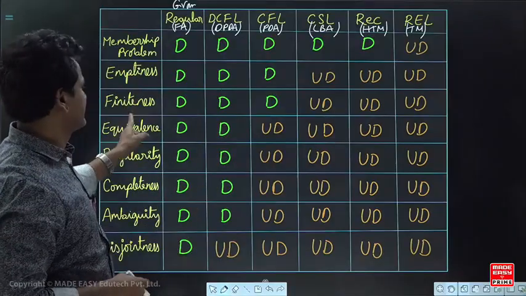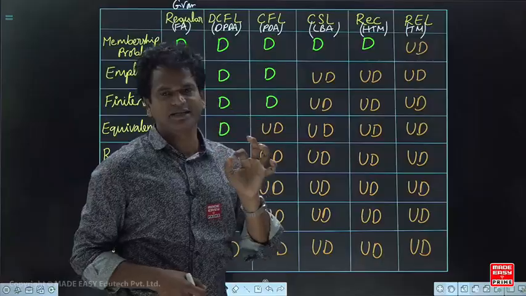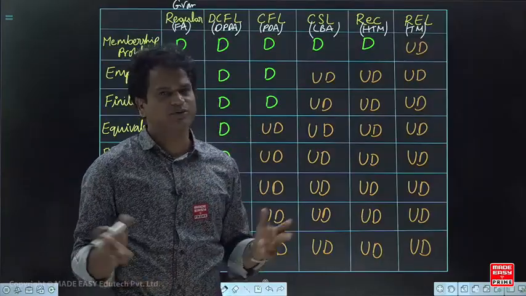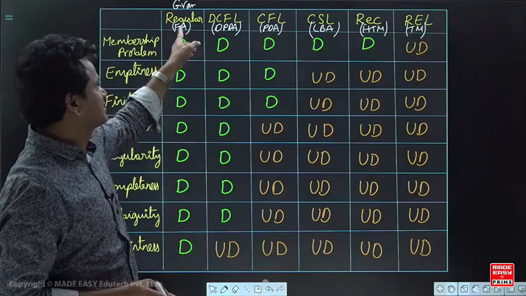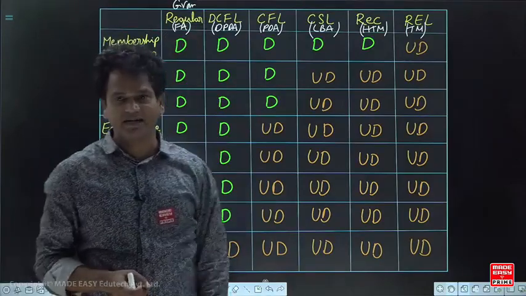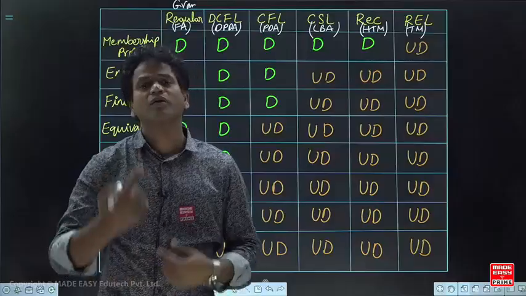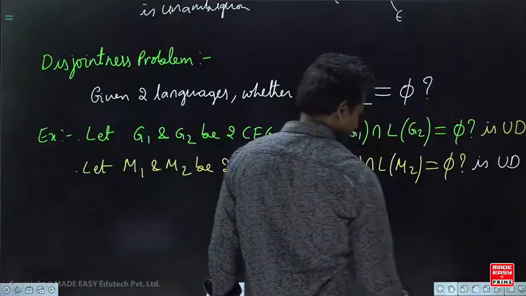CSL and REC are only decidable under membership, and RE nowhere. So you can apply all these 8 problems on languages, machines, grammars, and also complement. What is complement?